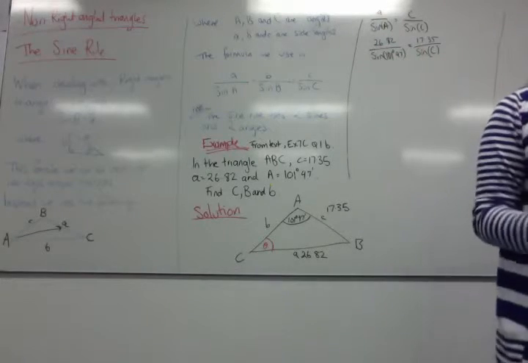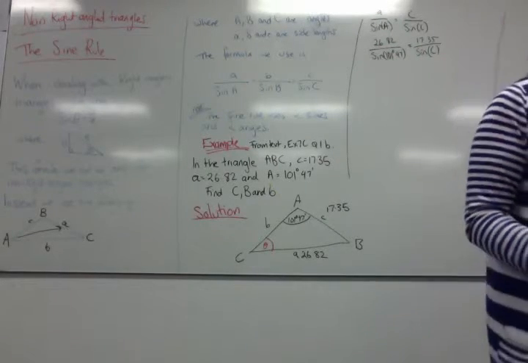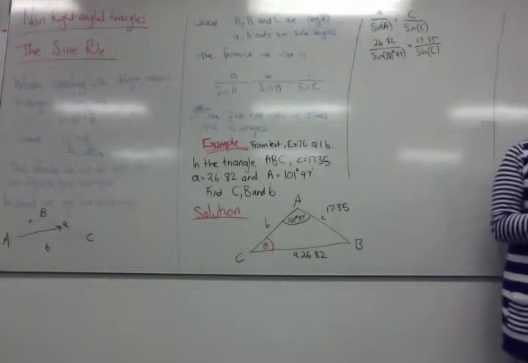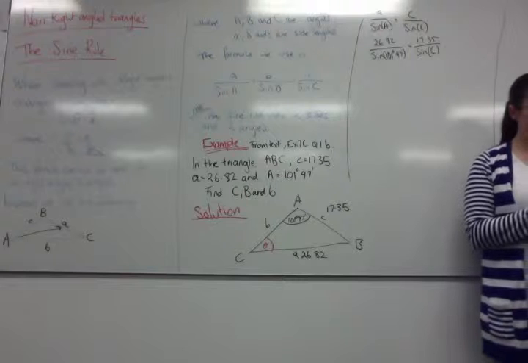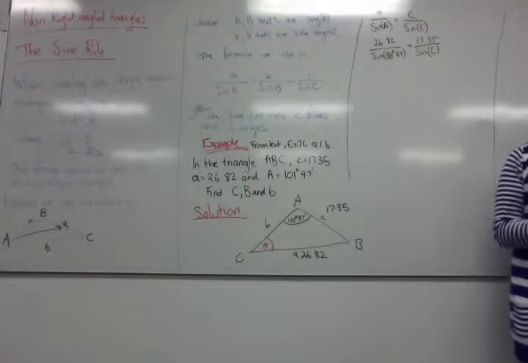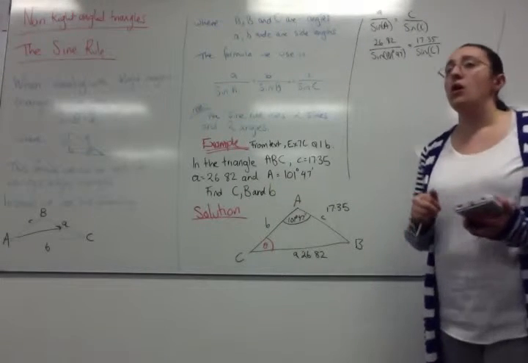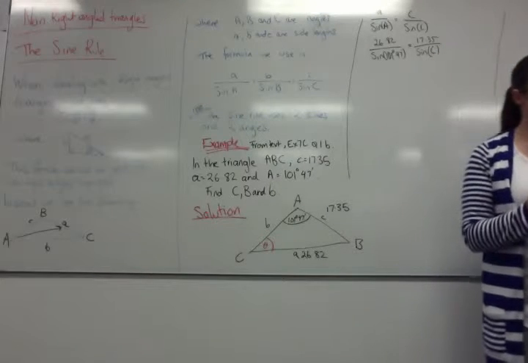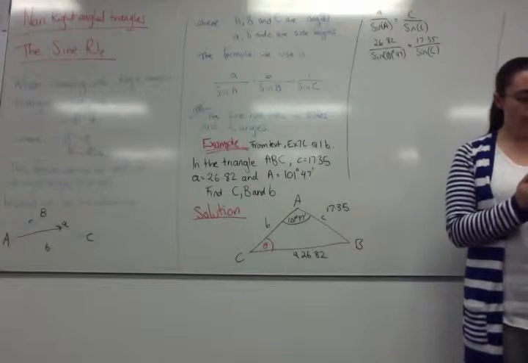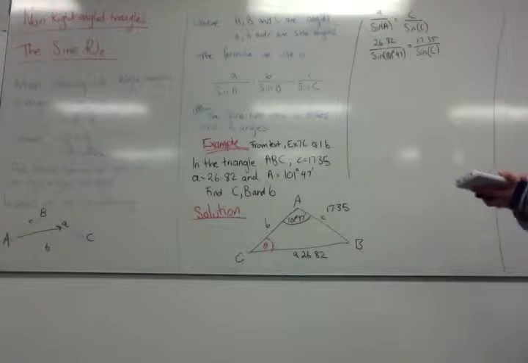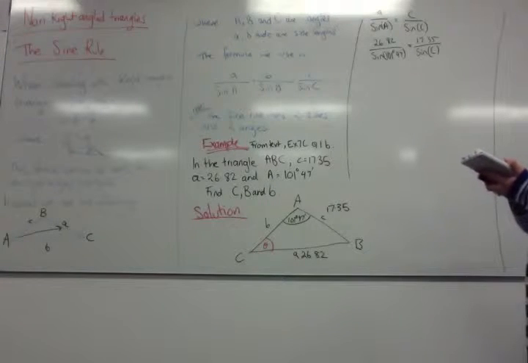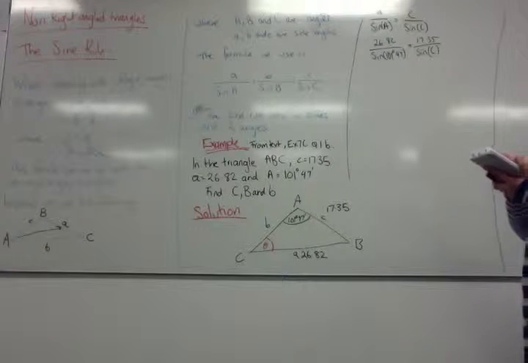Now, to do degrees and minutes in your calculator, as a reminder, this is what I want you to do. Put in all the information. So we're looking at 26.82 divided by the sine.